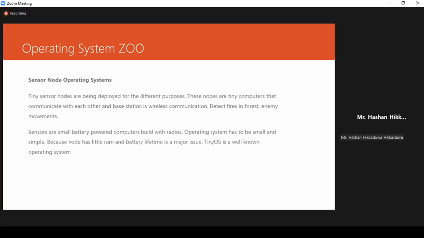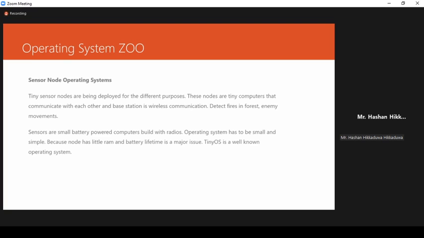In these scenarios, you do not have proper infrastructure. There is a forest; we do not have network cables, we do not have good connections.